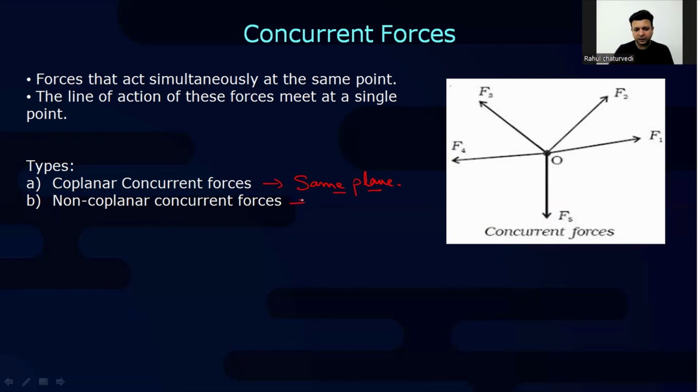If their line of action is the same, or it can also be different, but they are not in the same plane, then you say that they will be non-coplanar concurrent forces, right? So there are two conditions you have seen. First, with the line of action: if the line of action passes through the same point, then it will be concurrent forces.